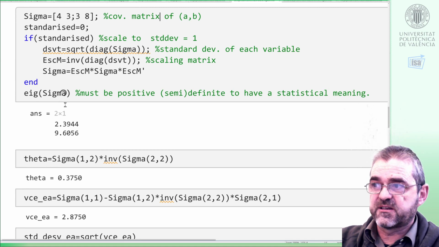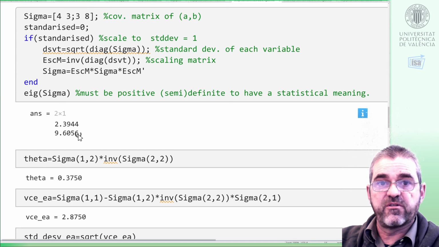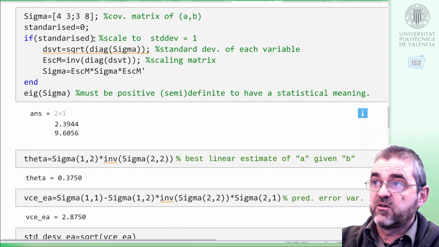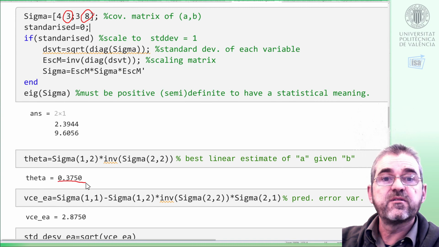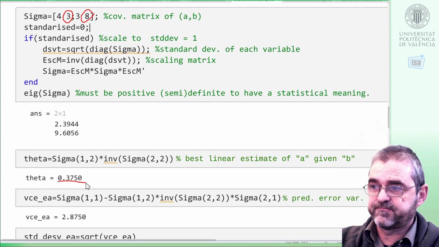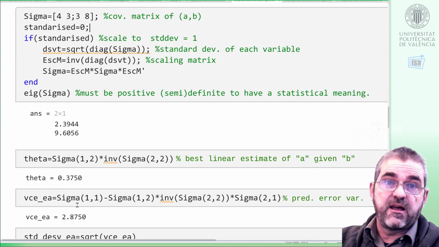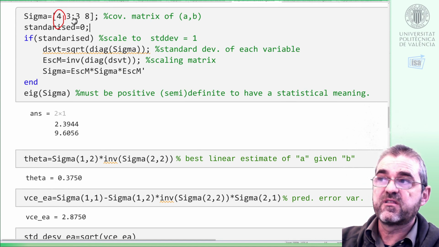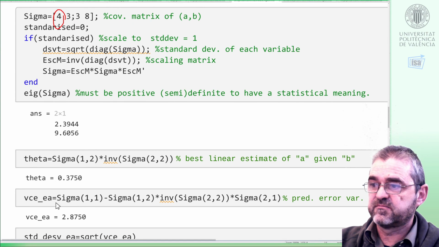Eigenvalues of this covariance matrix are positive, of course, otherwise it would be nonsense in statistical terms, and the best estimate of A given B is 3 divided by 8 times B, that is 0.375 B, and that estimate has a residual error variance of 4 minus 3 squared divided by 8.